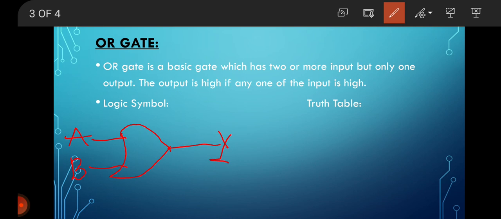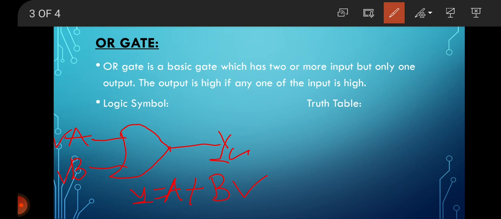So this is the logical symbol of the OR gate, and the Boolean expression is Y equals A plus B, which is nothing but the OR operation, or the addition of the two inputs.